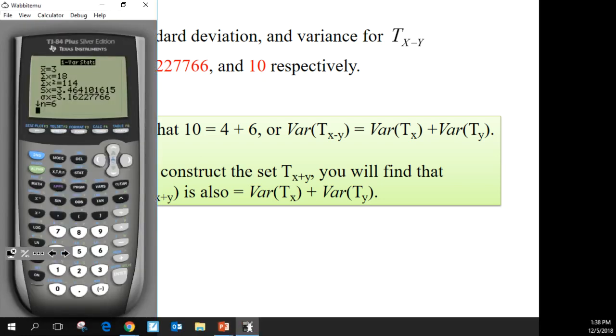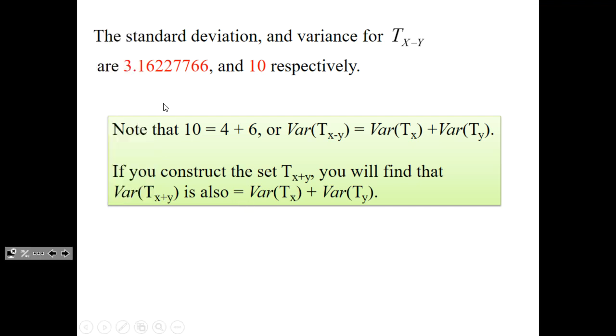We ran in the calculator 3.16227. We'll square it, see if we get almost 10. 9.995, because I didn't put all the decimals that I have to. I'd have put 2 more 6s on there, and we would have gotten 10. This was equal to the sum of the variances. So the variance of the sum or difference is equal to the sum of the variances.